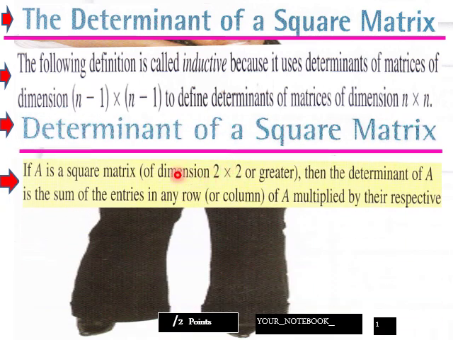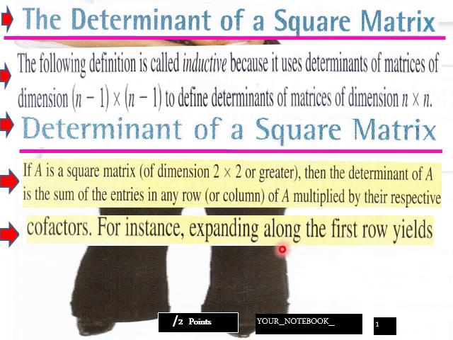The determinant of a square matrix: if A is a square matrix of dimension 2 by 2 or greater, then the determinant of A is the sum of the entries in any row or column of A multiplied by their respective cofactors.